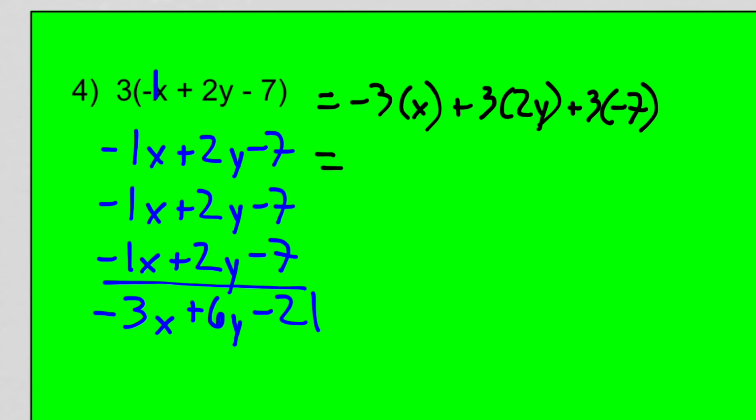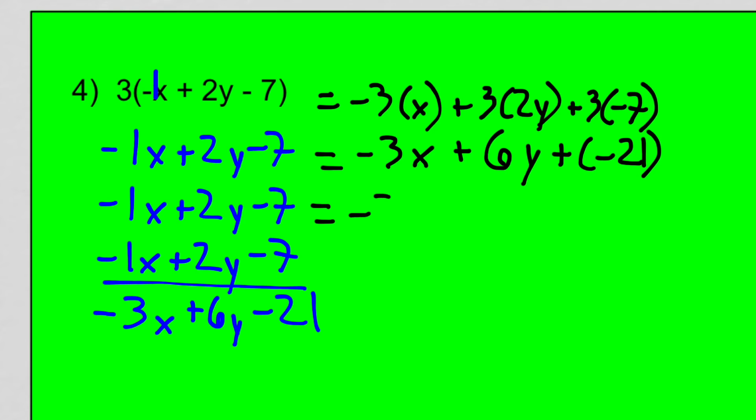And when I do those multiplications, I get negative 3x plus 3 times 2 is 6y, plus 3 times negative 7 is negative 21. And that's just the same as saying negative 3x plus 6y minus 21. You get the same answer either way you do it. We're distributing the 3 to each term in the parentheses.